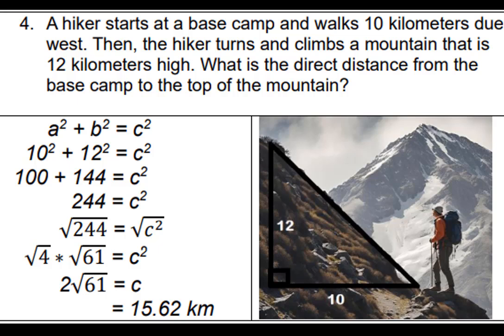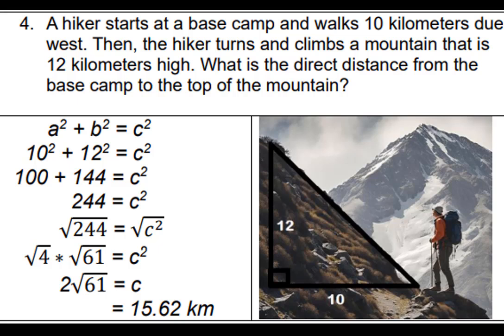Let's imagine a hiker starts at their base camp and walks 10 kilometers due west. Then they climb 12 kilometers straight up the mountain. So they've made two legs of a right triangle. What if they need to get back to base camp quickly?